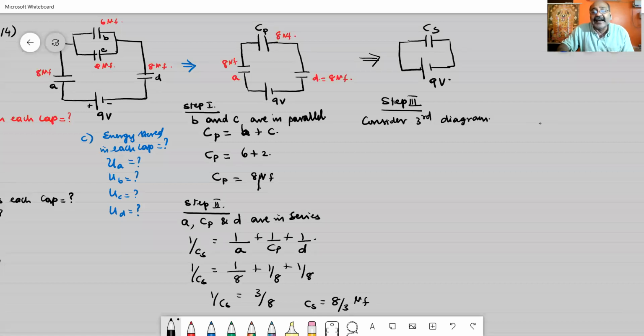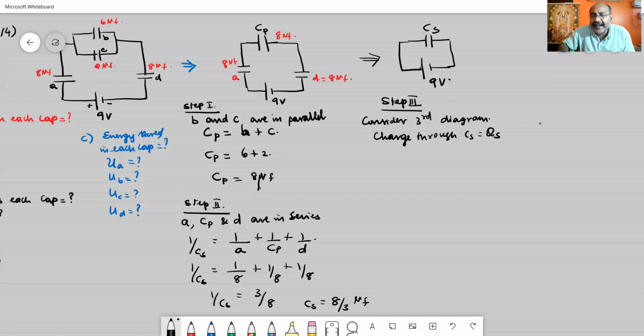In this third diagram, you calculate the charge through this capacitor, because you have only one capacitor and only one potential difference. So we can calculate the charge through Cs, which I am taking as Qs.